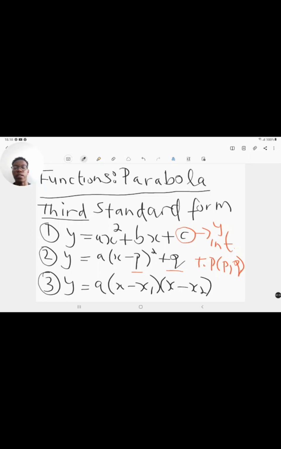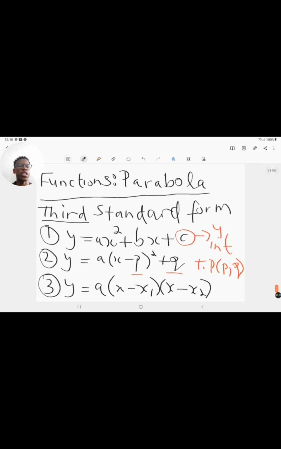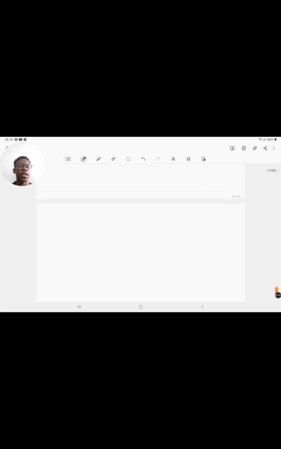This is your third and last standard form for your quadratic functions or your parabolas. Let's go into a bit more detail with this standard form. I'm just going to rewrite it here: a, open bracket, x minus x1, x minus x2, close bracket. This is your standard form.